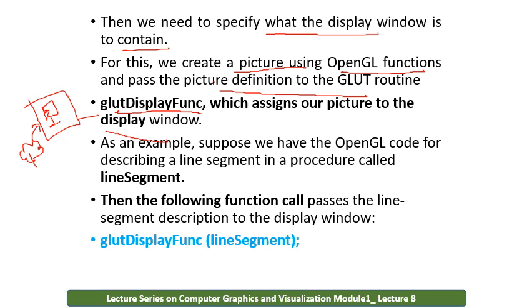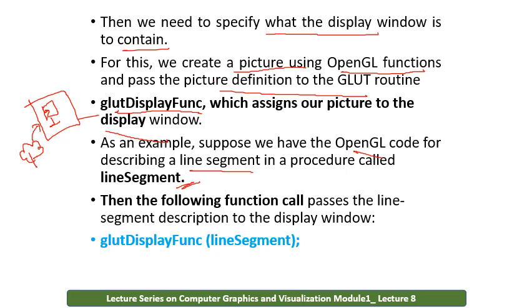As an example, suppose we have the OpenGL code for describing a line segment in a procedure called lineSegment. The argument for the glutDisplayFunc should be the name of the function that you want to draw. For example, if I want to draw a line, the name of the function to draw the line should be passed as an argument.